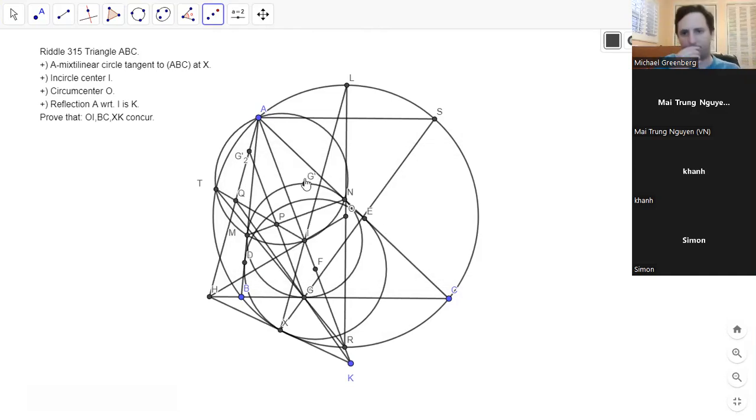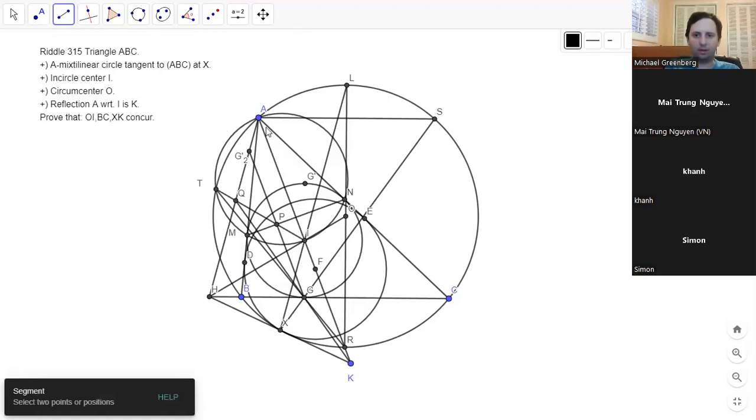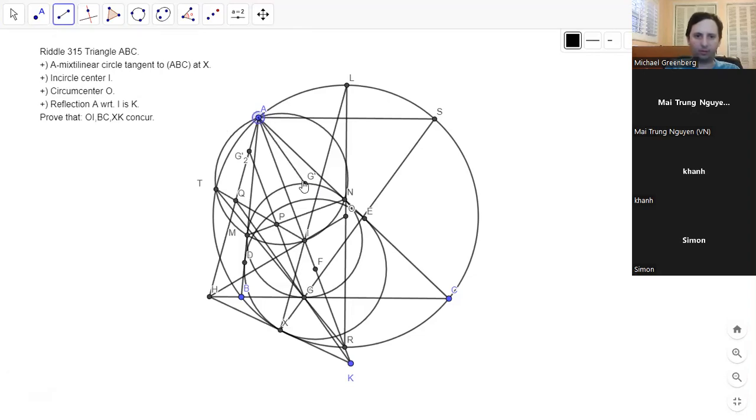All right. Then angle AG prime I equals angle KGI by symmetry. Okay, that looks useful.